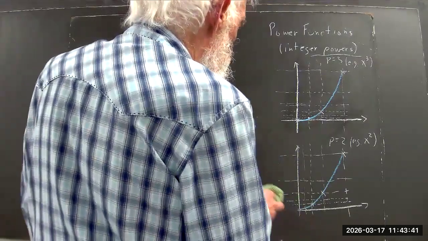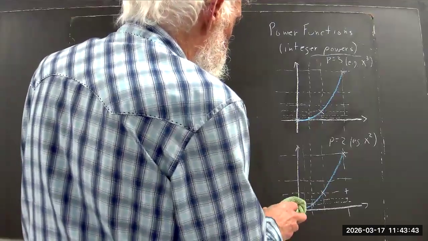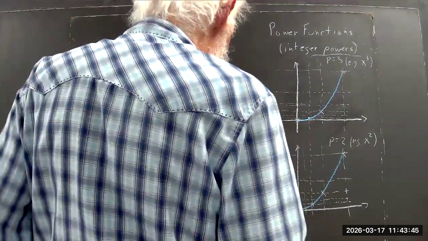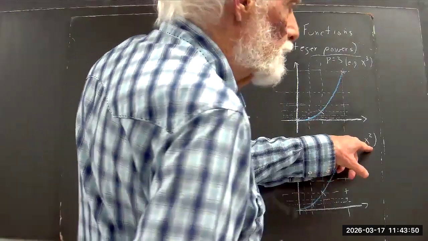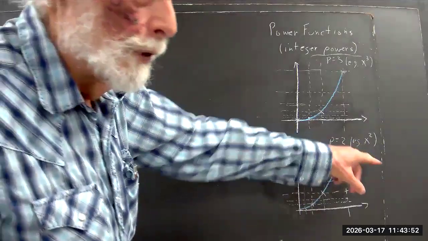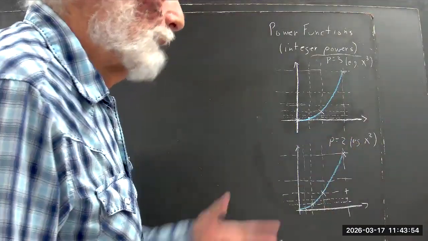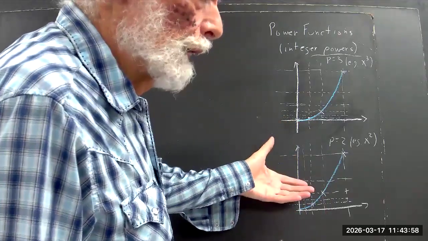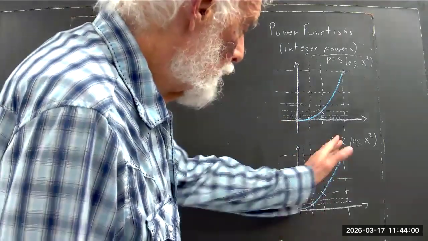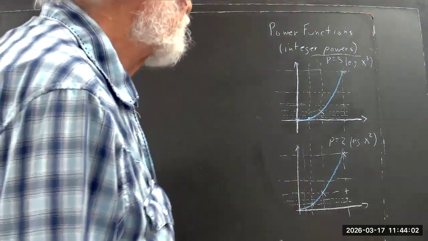Depending on the scale of the x and y axes, this could be any multiple of x squared, any positive multiple. If you had a negative multiple of x squared, well, all your y values would be negative, and you'd have the same thing, but it would be down below the axis.